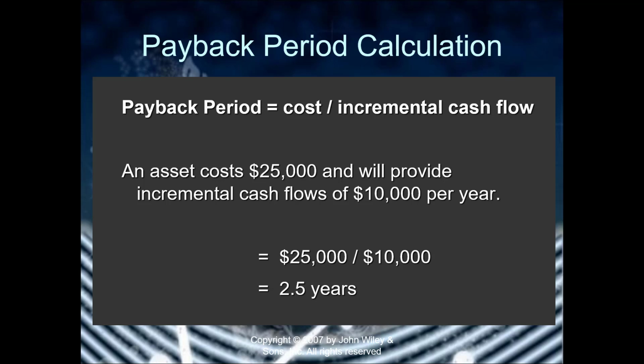So what is our payback period on this investment? $25,000 is what it cost us to buy the asset, to buy the dish machine. We're going to cut one person in the dish room, so that's going to save us $10,000 per year. So in this scenario, we get back our money. Our payback period is 2.5 years. We just do very simple division: divide the $25,000 investment by the $10,000 savings that we have.